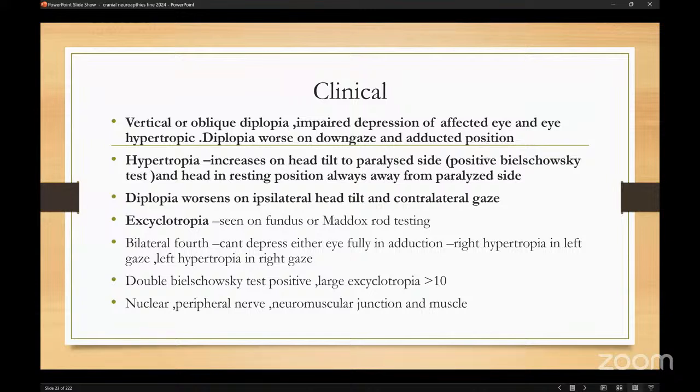And the right eye normally excyclotorts and the left eye incyclotorts. This is a normal phenomenon. If you turn the head to the left side, the eye which is high, that is right eye, excyclotorts and the lower eye incyclotorts. But in superior oblique palsy, the intorsion is not happening. So the eye which is high is excyclotoric.